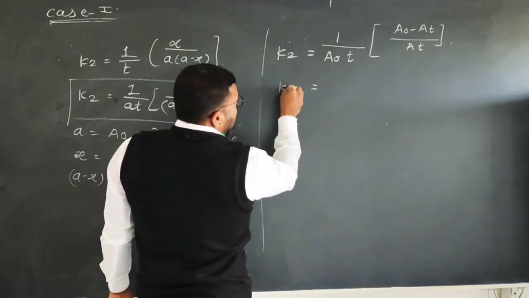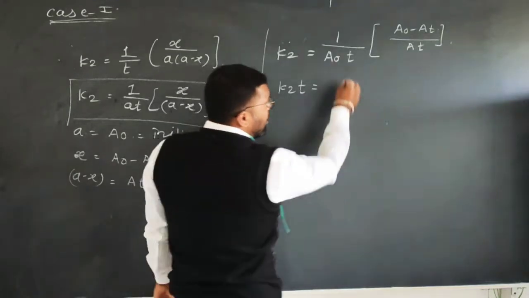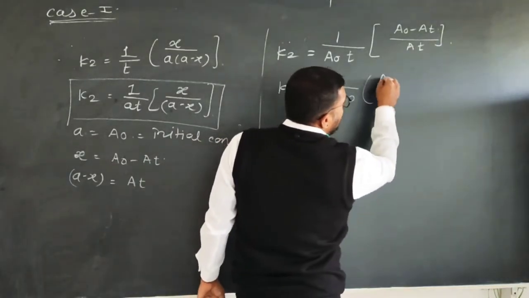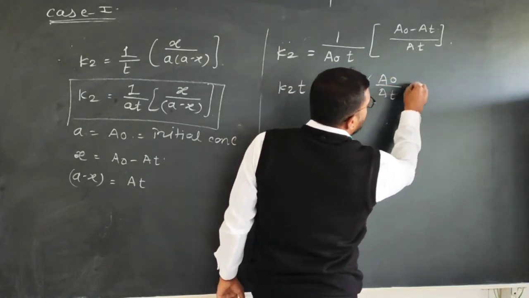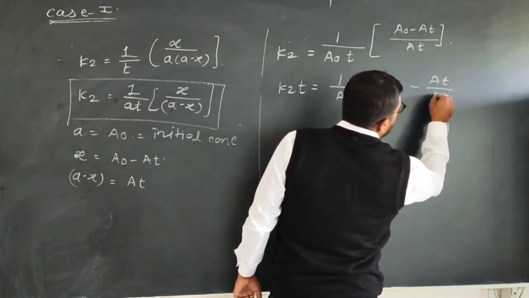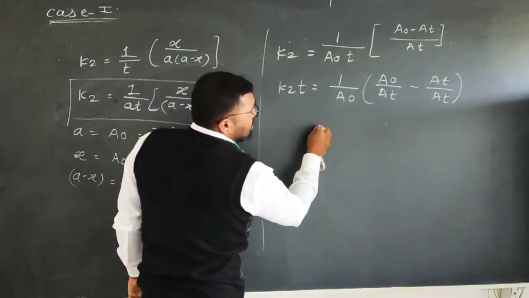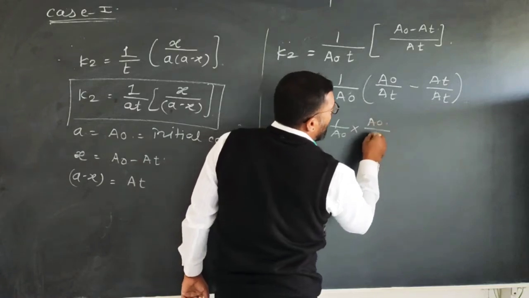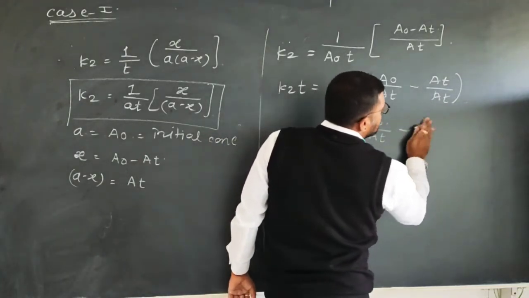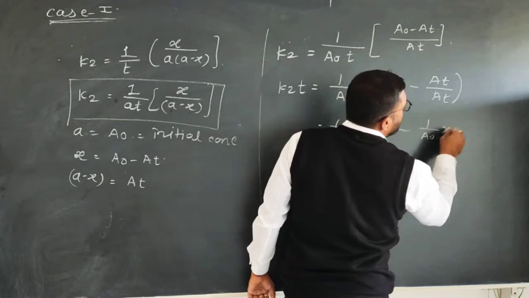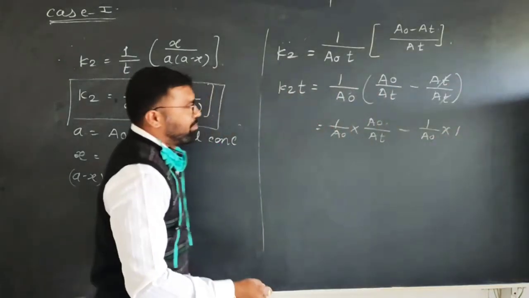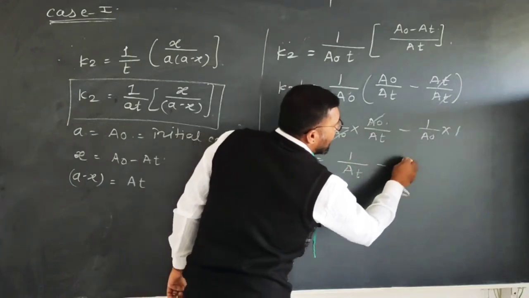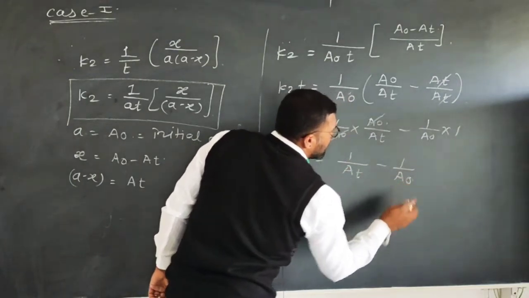Suppose I take t here, K2 into t, and here 1 upon A0. This can be written as A0 upon At minus At upon At. Then 1 upon A0 into A0 upon At minus 1 upon A0 into At get cancelled, becomes 1. A0 gets cancelled, 1 upon At minus 1 upon A0.